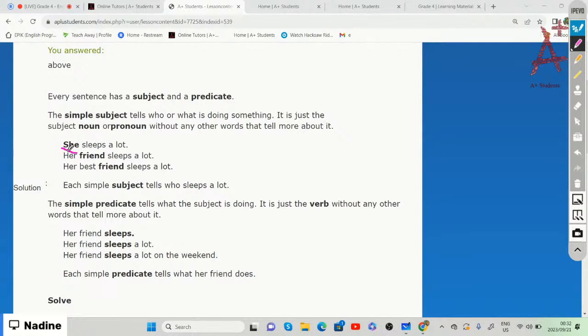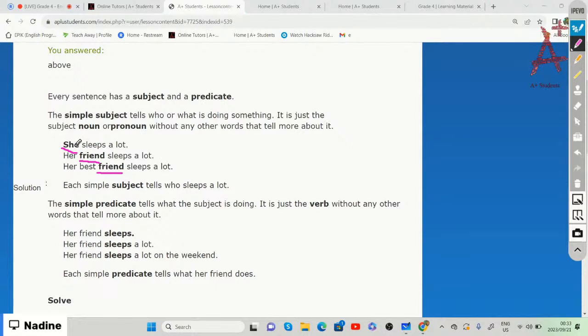Her friend sleeps a lot. Now we need to select the subject, so only friend, which is the noun. Friend is the subject there, because that is the noun. Her best friend sleeps a lot. If we select the noun, then it is only friend.